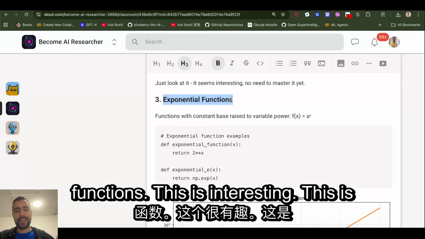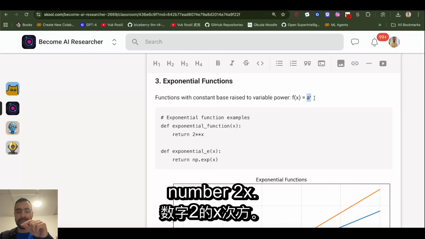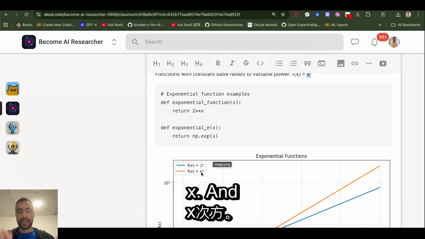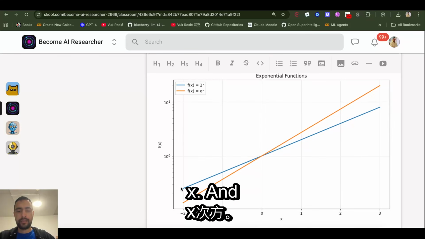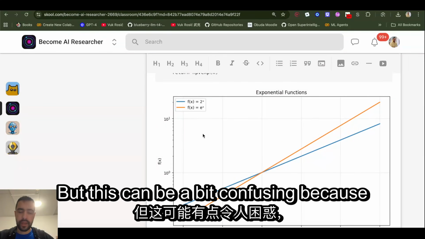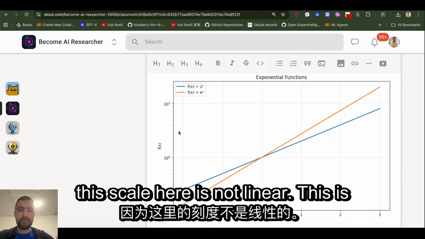Exponential functions, this is interesting. This is when we put some number to the x. So a number to x. So 2 to x. E, which is Euler's number, to x. And this is what they look like. But this can be a bit confusing because this scale here is not linear.